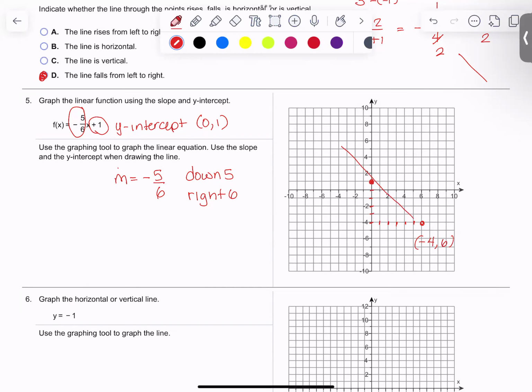And of course, in my lab math, you have the line tool that you're going to use to draw that line. Okay, the next line to draw is going to be a horizontal line.